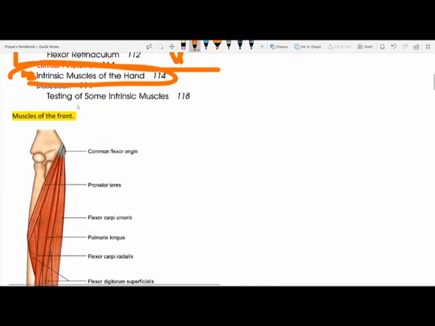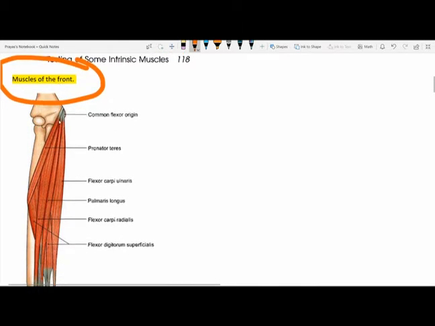So let's see what we studied. We started from the muscles in the front of the forearm. This is the transverse section of your forearm.